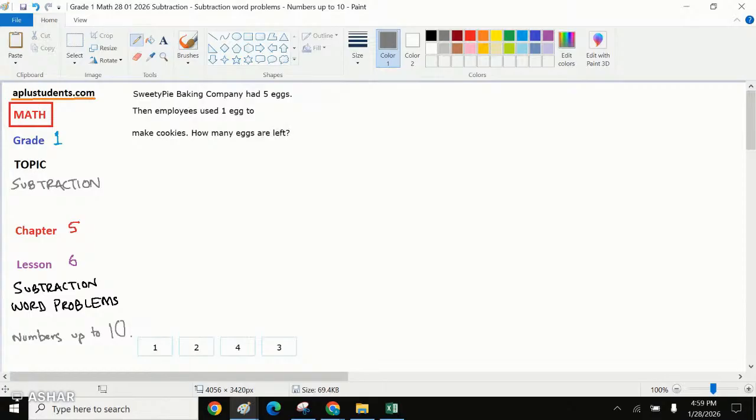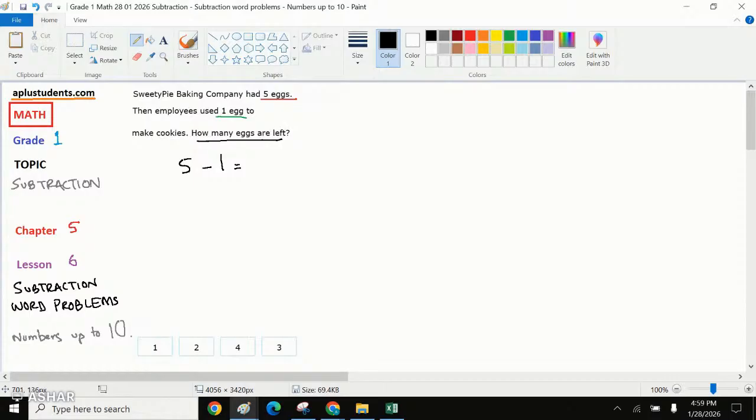So how many did they have? They had a total of 5 eggs, right? The employee used 1 egg. That means 5 minus 1, because we need to find how many eggs are left.